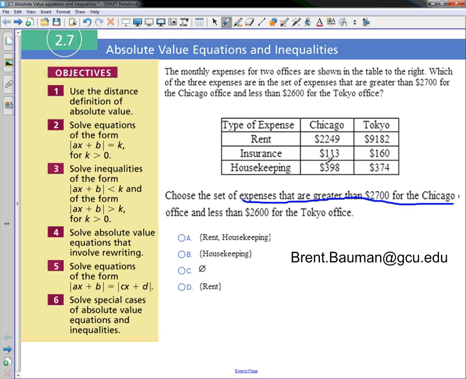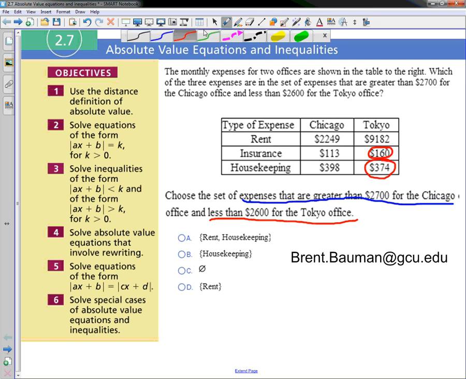None of those are greater than $2,700. So let's look at our other option, which is less than $2,600 for the Tokyo office. Well, 9,182 is not less than 2,600. 160, 374, those are both less than.